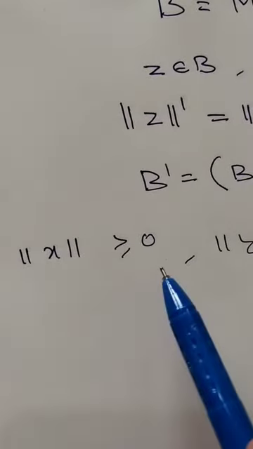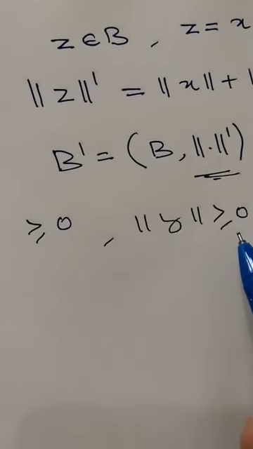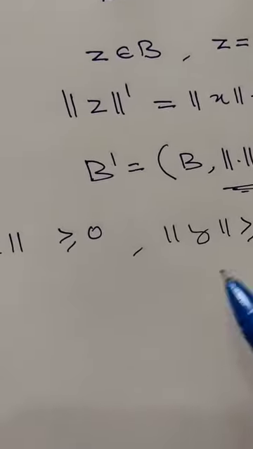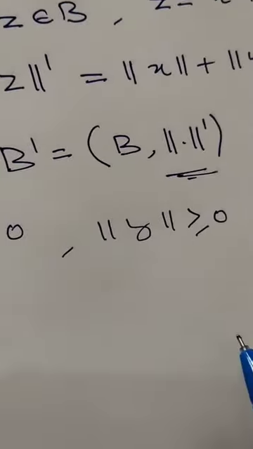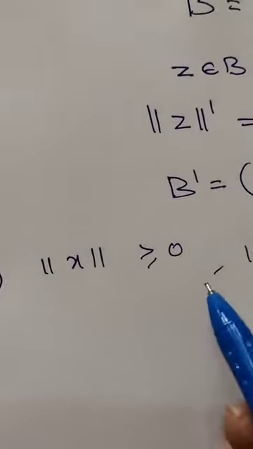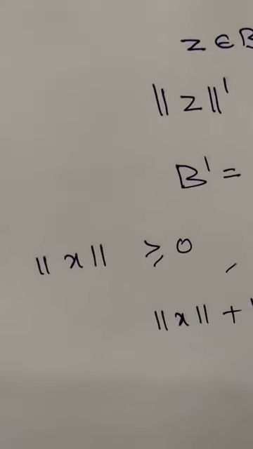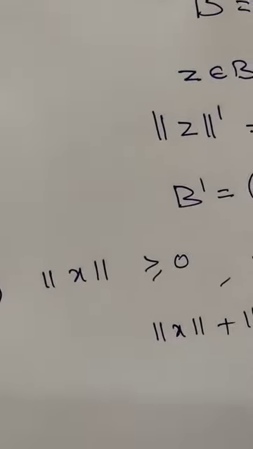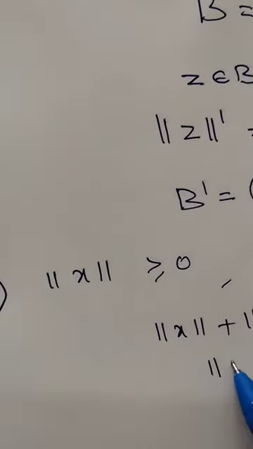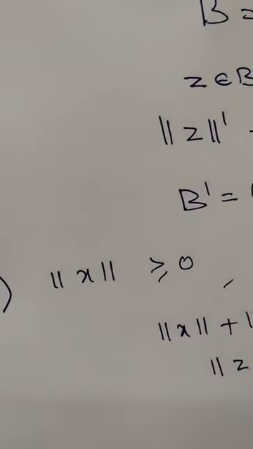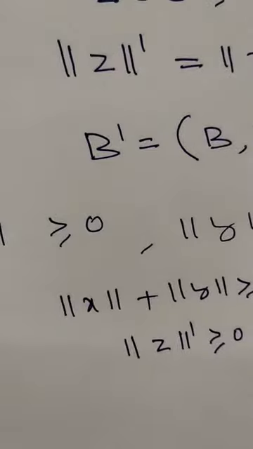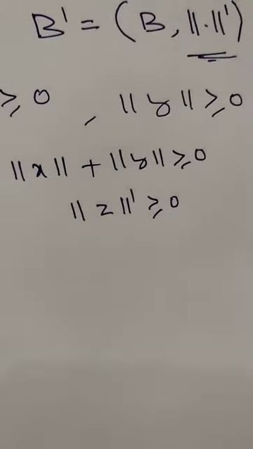Therefore norm of X is greater than or equal to 0, and norm of Y is greater than or equal to 0, so their sum norm of X plus norm of Y is also non-negative. According to our new norm, norm of Z dash is also non-negative. This is the first condition, right?